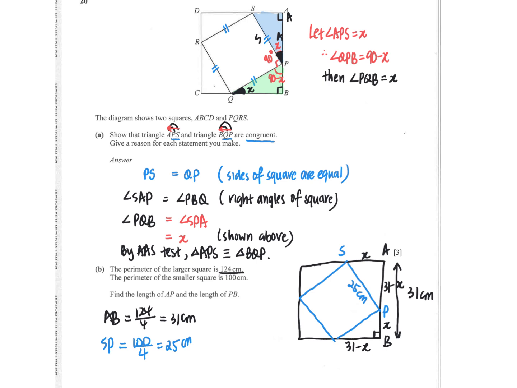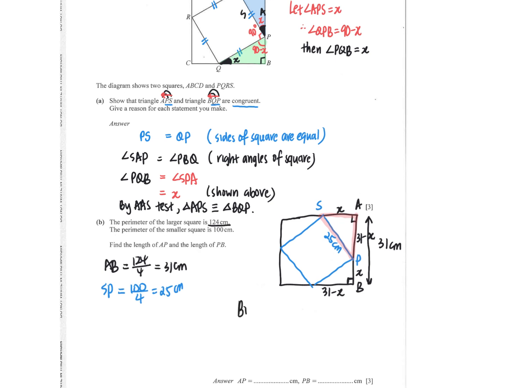It's a right angle triangle. So you look at Pythagoras theorem, this right angle triangle. Set up your Pythagoras theorem. So by Pythagoras theorem, c square equals to a square plus b square.